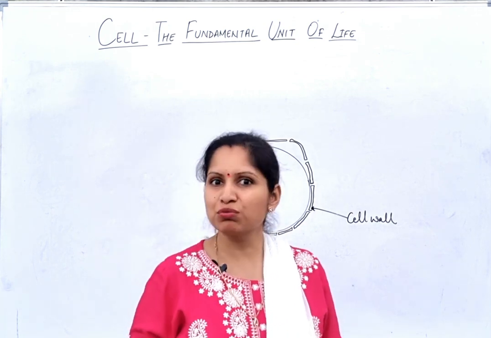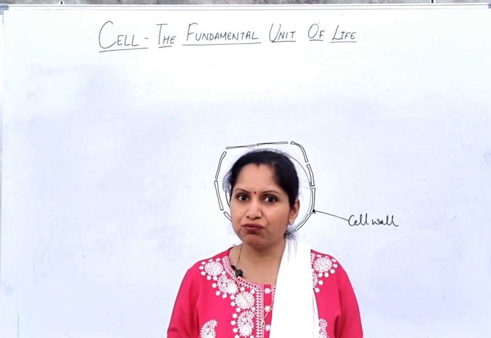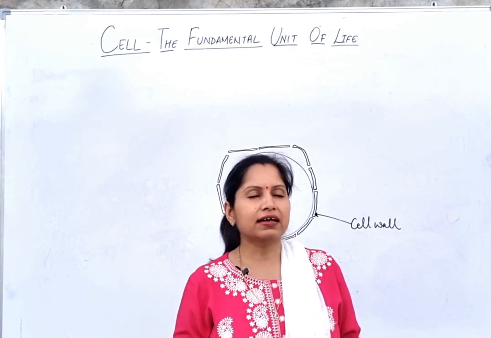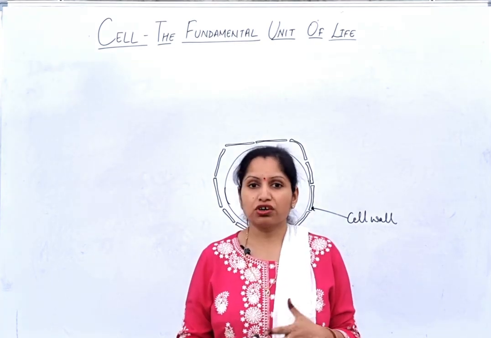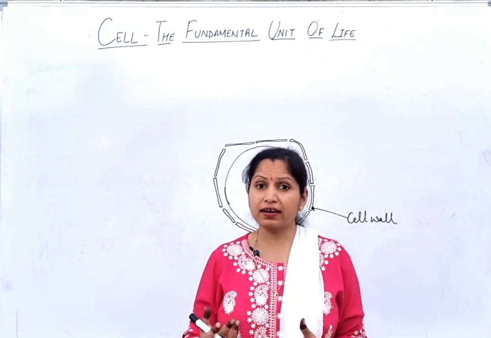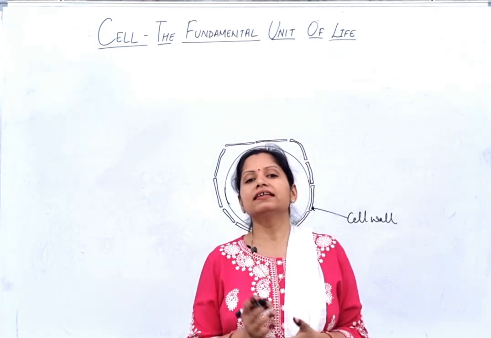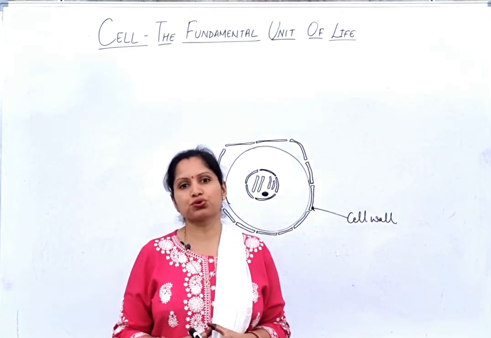Now, what are chromosomes? These chromosomes contain the genetic information, means the color of your eyes, your blood group, the texture of your hair, and many things that are decided by the genes. All that information is stored in these chromosomes.